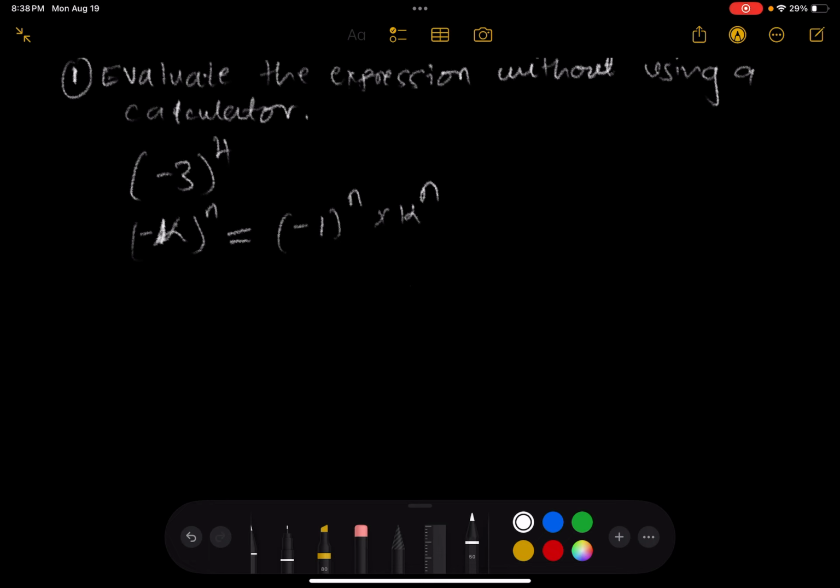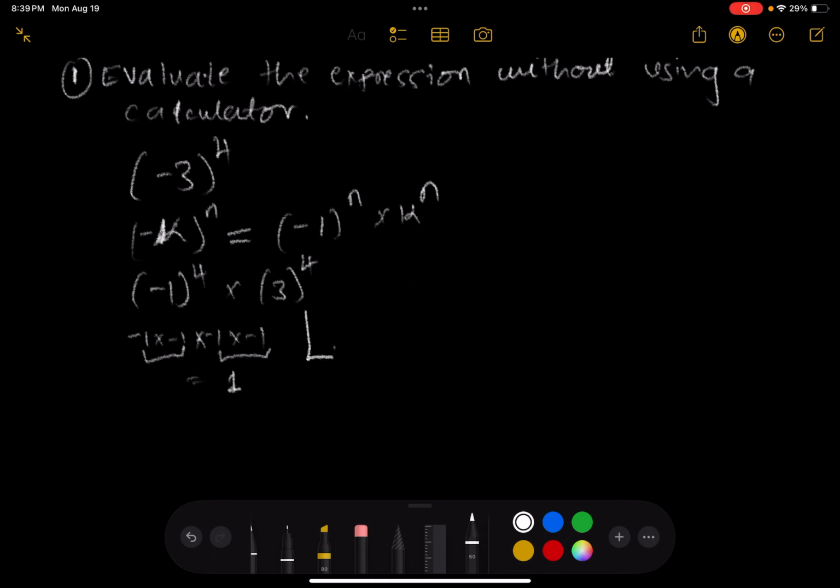So in this case, you have (minus 1) to the power of 4 times 3 to the power of 4. Now remember, (minus 1) to the 4 is really minus 1 times minus 1 times minus 1 times minus 1, so 4 times. That is going to give you positive 1.